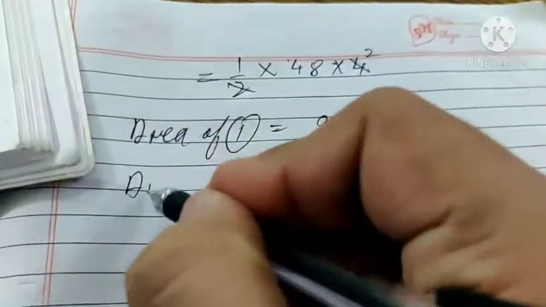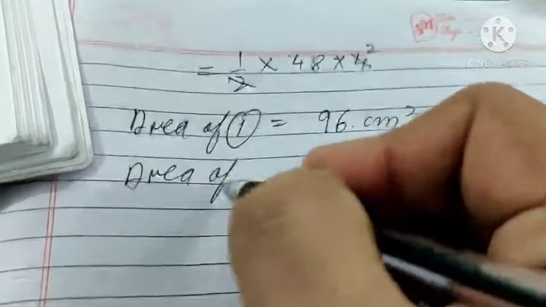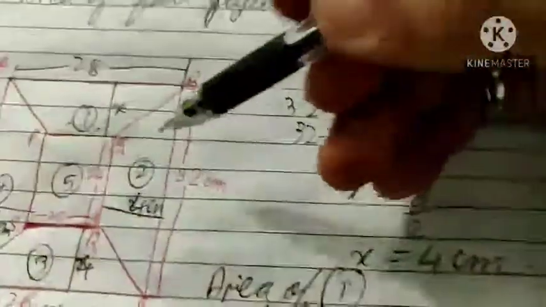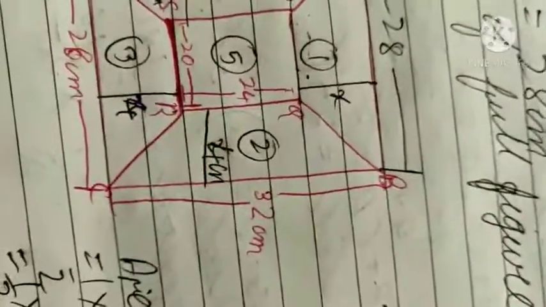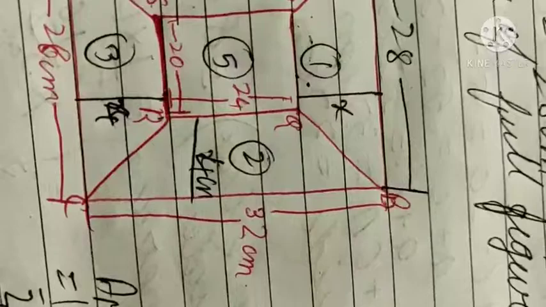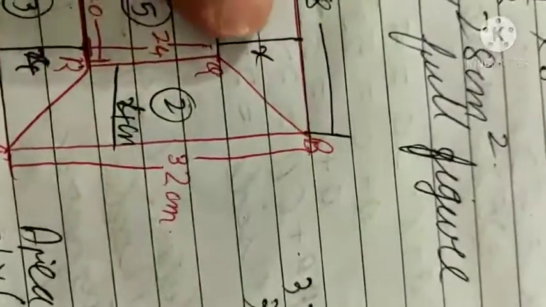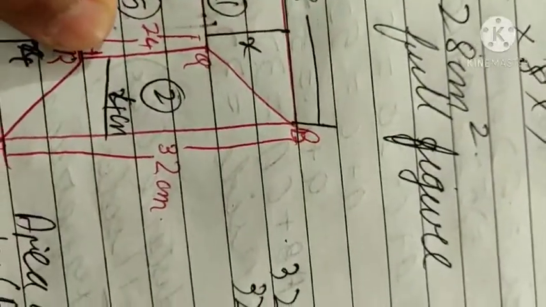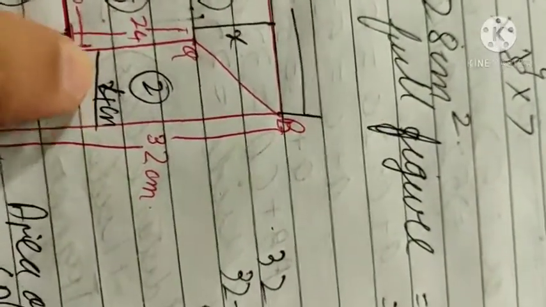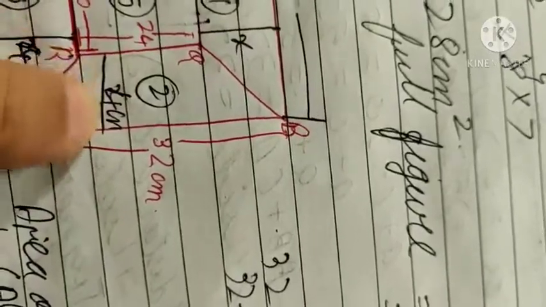So now area of 2. What is area of 2? Look, this is also a trapezium whose parallel sides are BC and QR. This is BC and this is QR. These are the parallel sides, and distance between parallel side is this x, that was 4 centimeters.